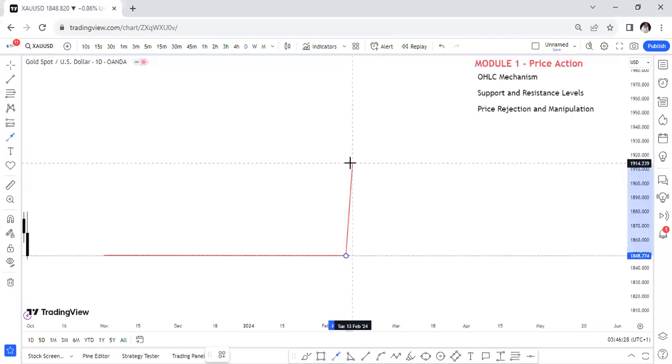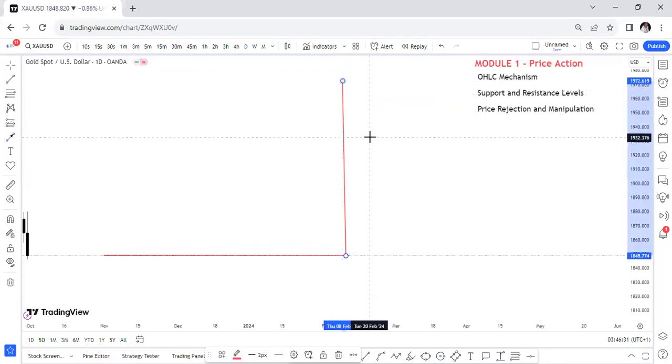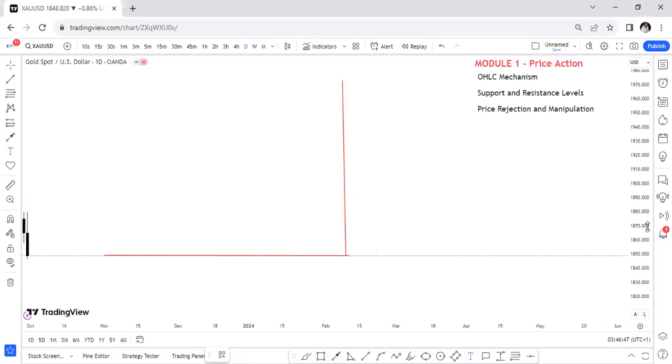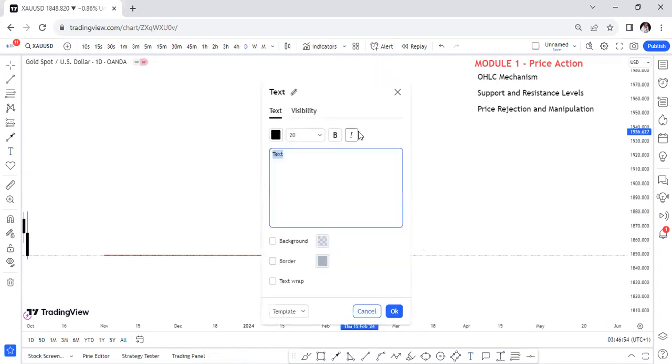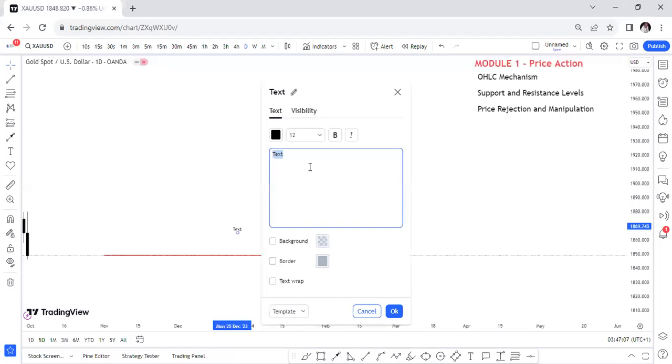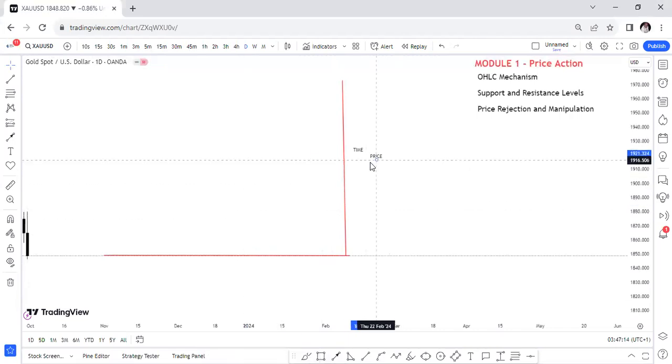If this is your chart, this is the time axis and this is the price axis.